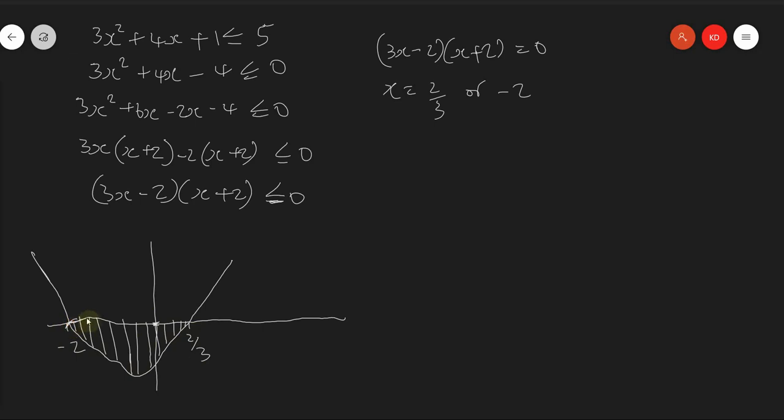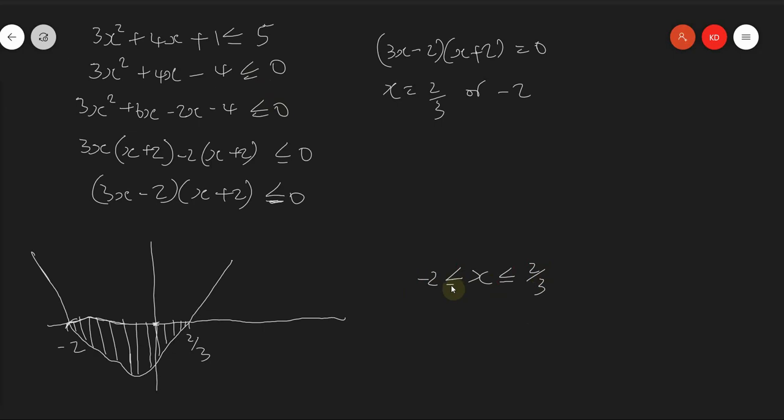So therefore those are possible solutions, and between -2 and positive 2/3 the function is negative, or the graph is negative, the curve is negative, however you want to say it, it's negative. So that satisfies this here, so therefore we can see x, and this is how we would write the solution, x is greater than or equal to -2, less than or equal to 2/3.